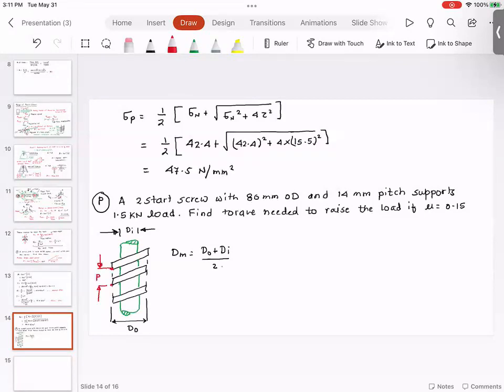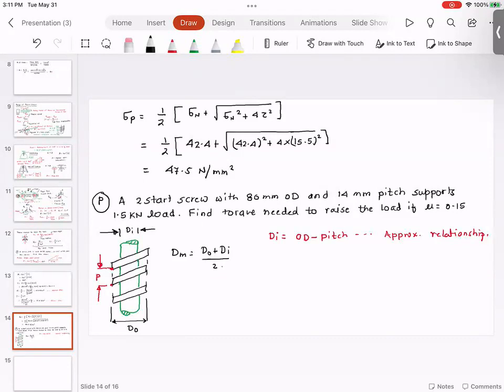And typically, inside diameter is equal to outside diameter minus pitch. This is an approximate relation. So inside diameter is equal to outside diameter minus pitch.